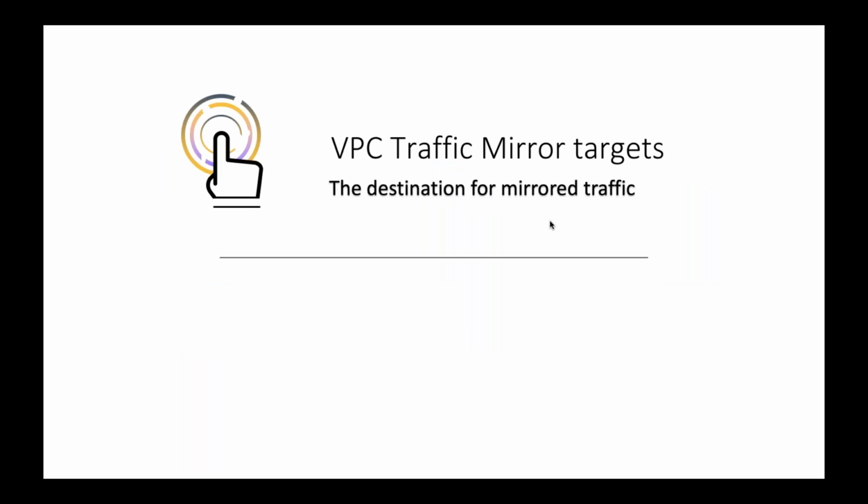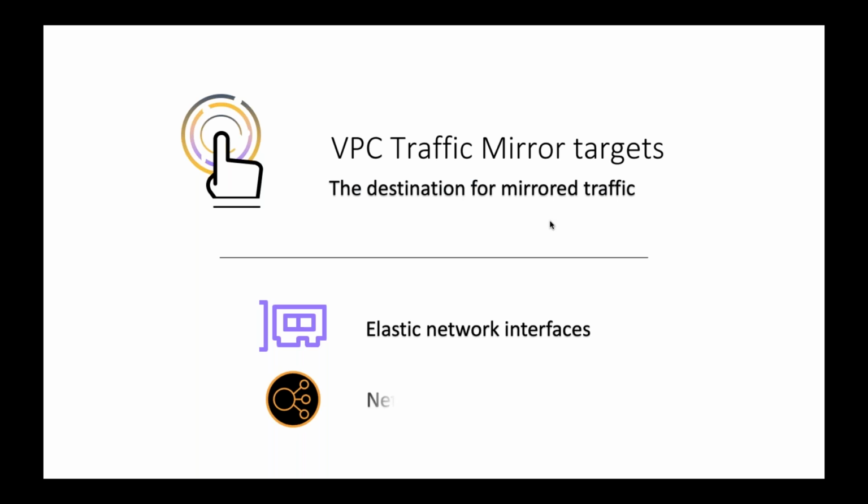Today, there are two types of target that are possible with this feature. One is the ENI or network interface of a standalone monitoring instance running on EC2, or you can have a network load balancer as a target, and you can have your appliances deployed behind that network load balancer in an auto scaling group. This is an option we recommend, by the way.